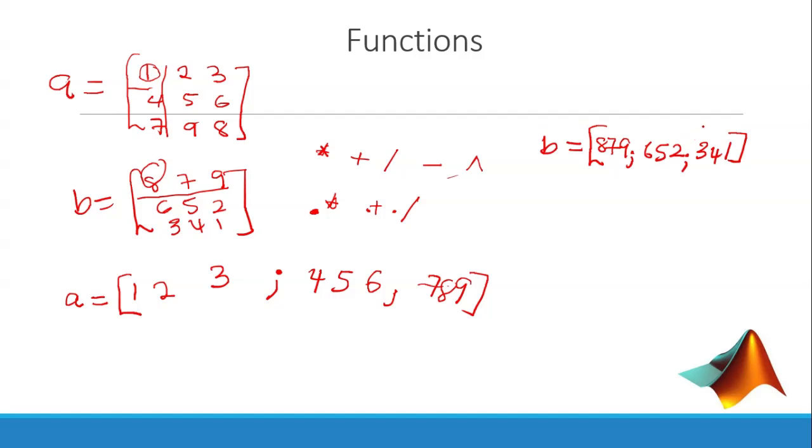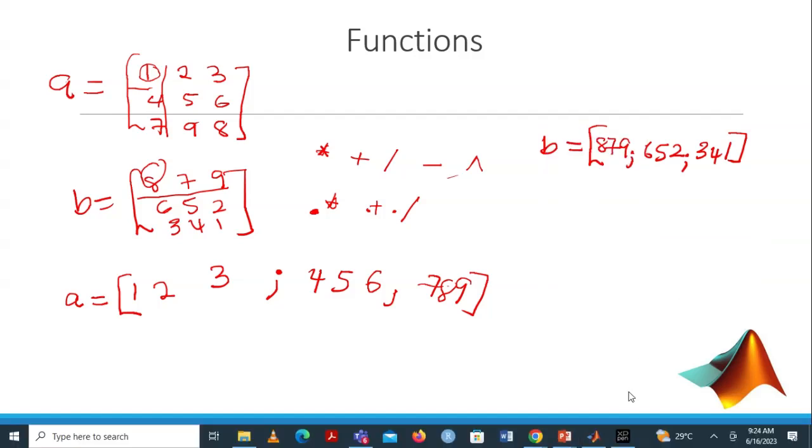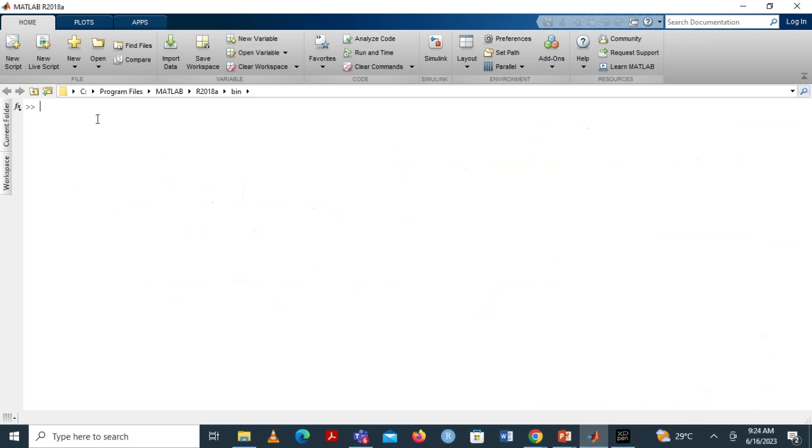So now let's move to Matlab and try to type some matrices and see whether they appear in the form of a matrix or in the form of something else. Let's say I have A is equal to, open a square bracket. My numbers are 1, 2, 3.